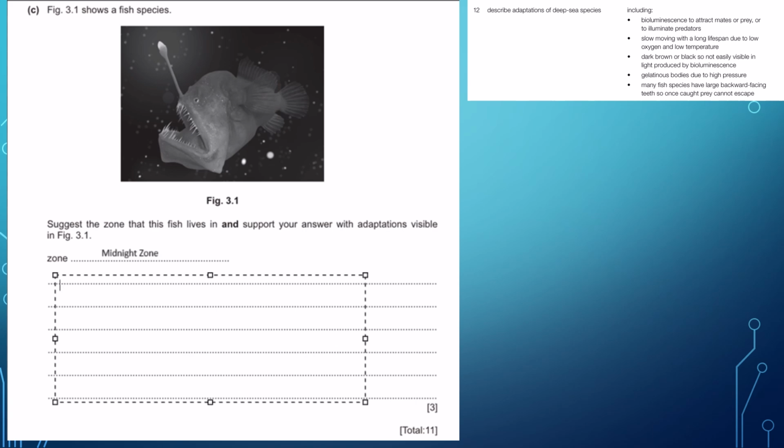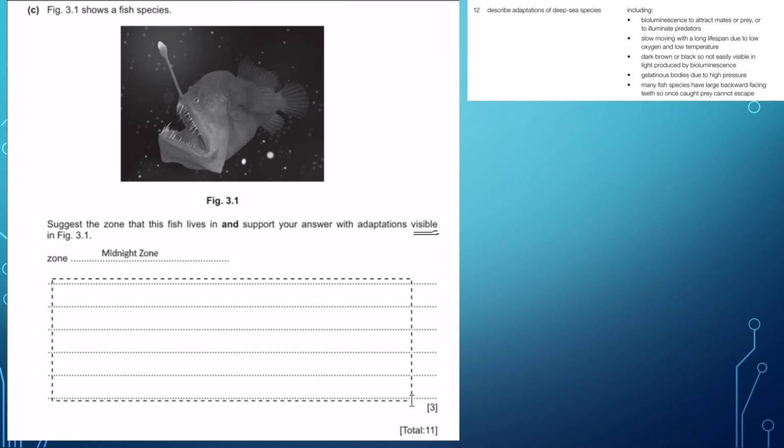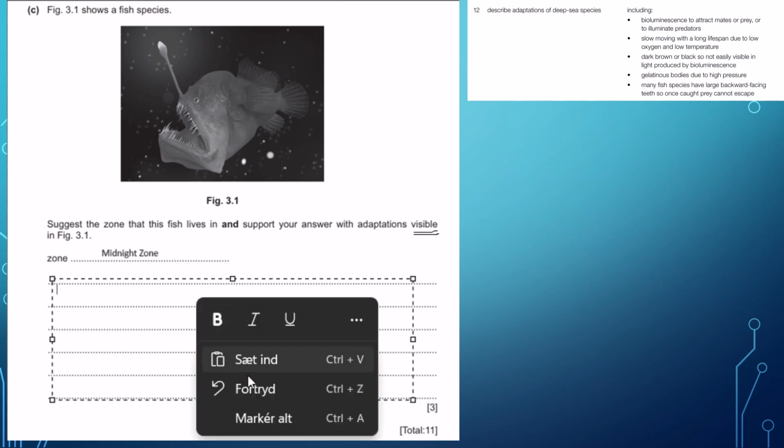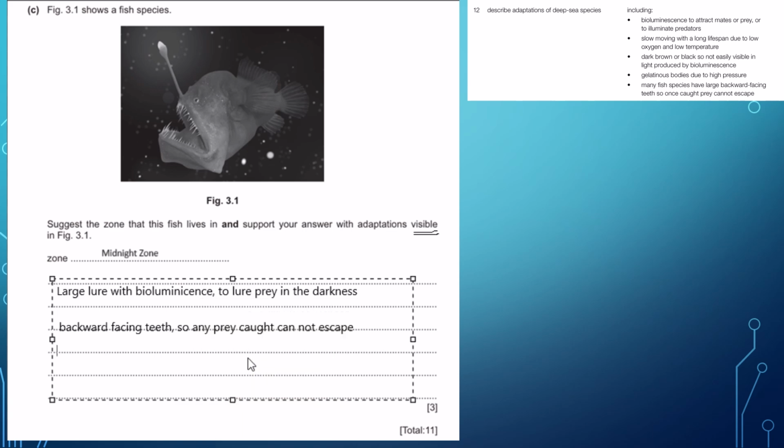The important word here is visible. You can't state anything about how it's well adapted to pressure because you can't see that. We have to come up with stuff that is visible in the picture. So the 2 I would choose here would be there's a large lure with bioluminescence. It's there to lure prey in the darkness, and there's backward facing teeth, so any prey caught cannot escape.